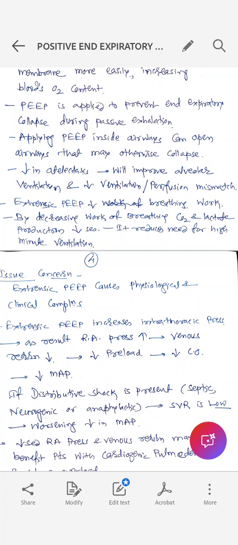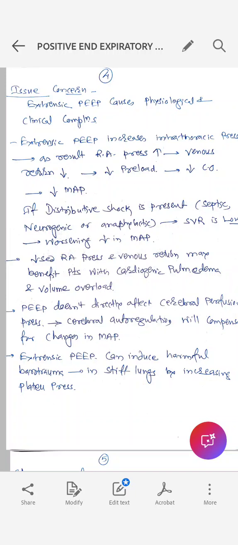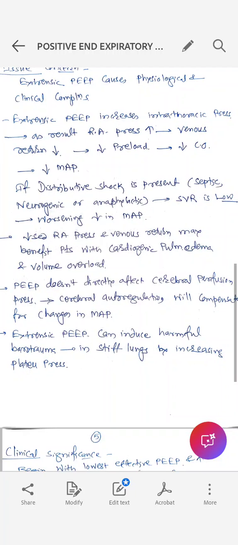Decrease in atelectasis will improve alveolar ventilation and decrease ventilation perfusion mismatch. Extrinsic PEEP also decreases work of breathing. By decreasing breathing work, CO2 and lactate production also decrease. It reduces the need for high minute ventilation.